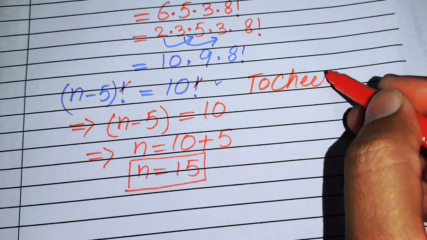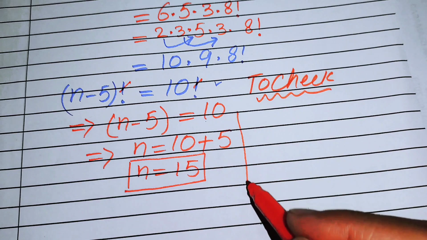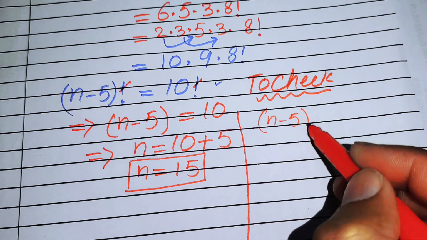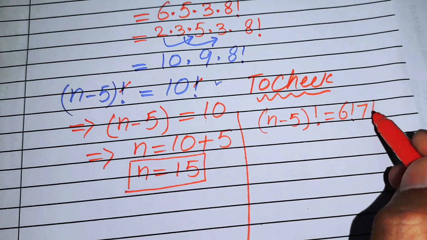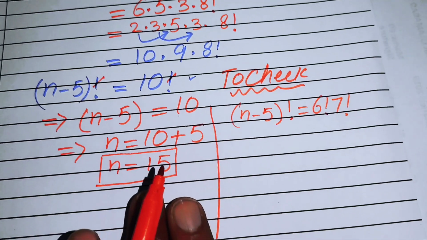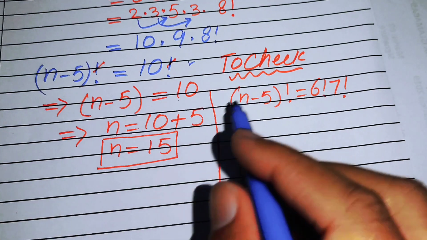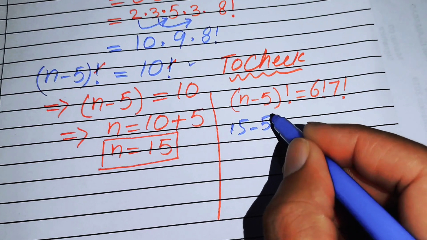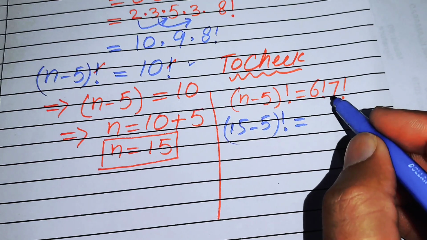Now we will check whether the value n equals 15 satisfies our given question or not. In order to check, we will substitute n equals 15 in the given question statement, which is 6 factorial times 7 factorial. Putting the value of n in the left hand side, you will get (15 minus 5) factorial equals 6 factorial times 7 factorial.